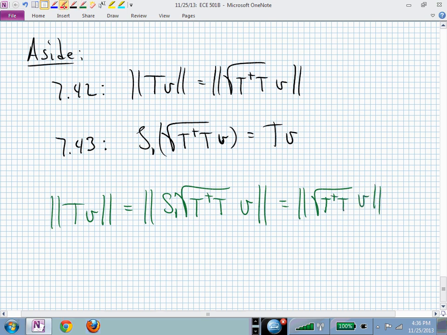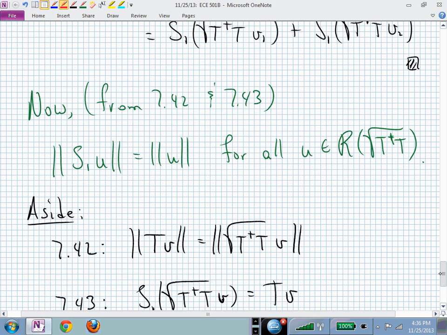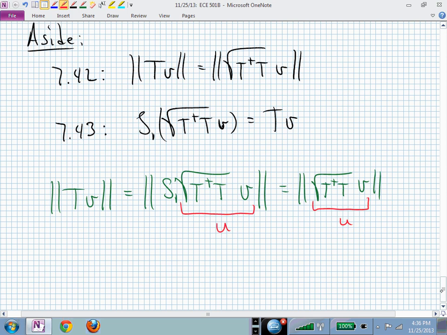Which is really to say that if we view this as some vector u, then we have the norm of S1u is equal to the norm of u for all u in the range of this positive square root of T dagger T. And that's what we have here for our u.